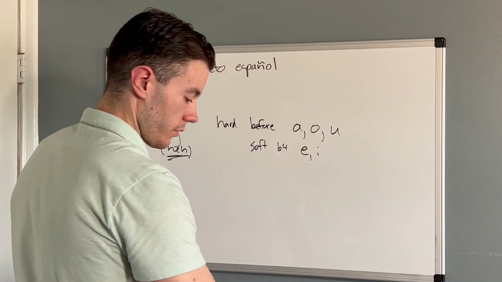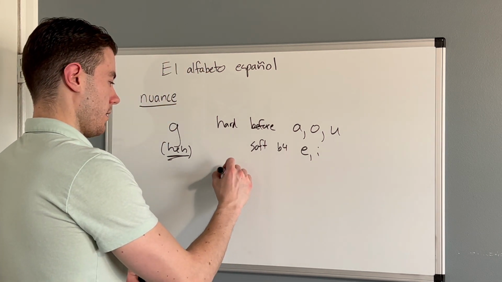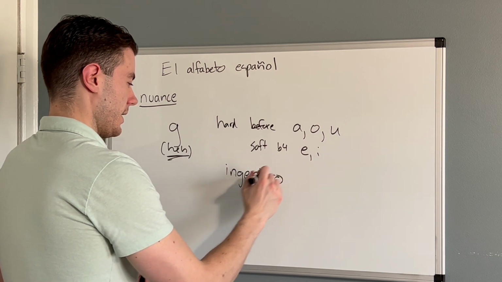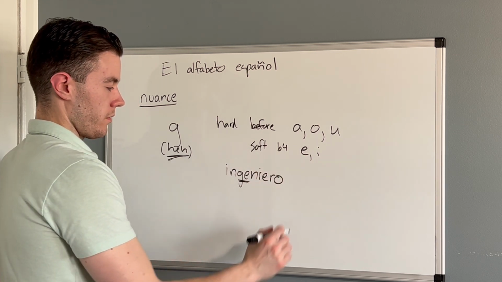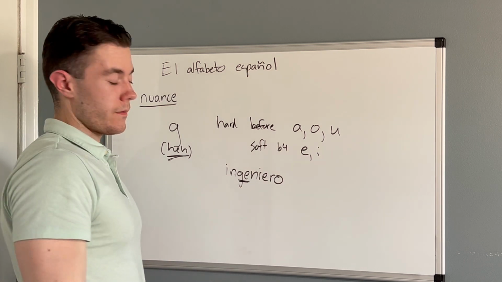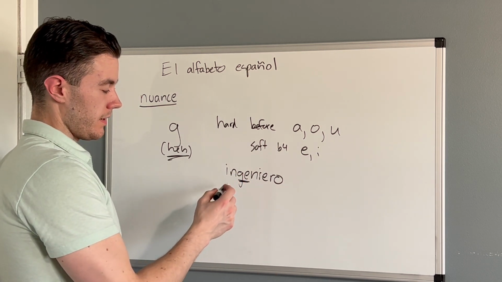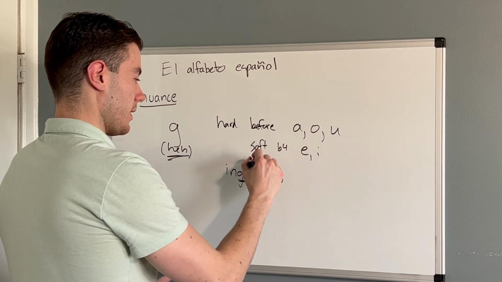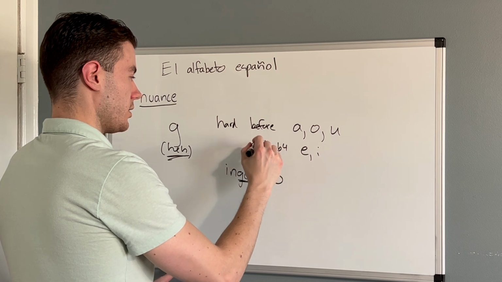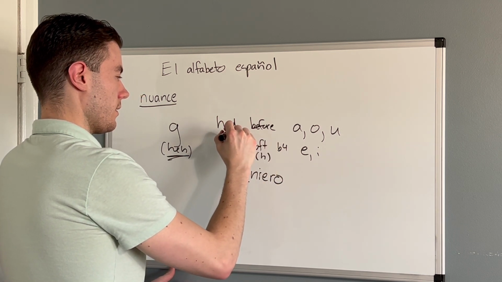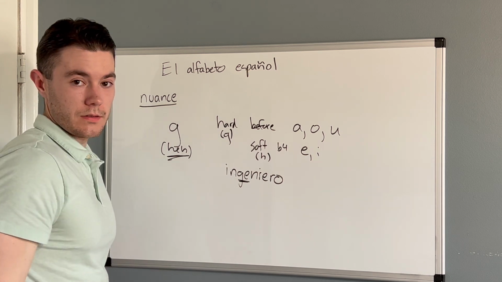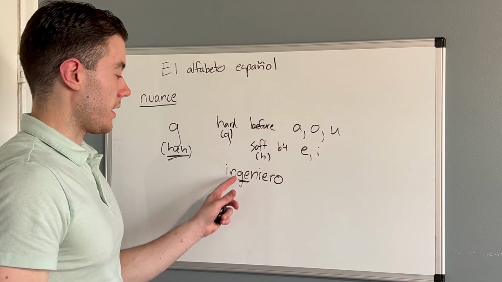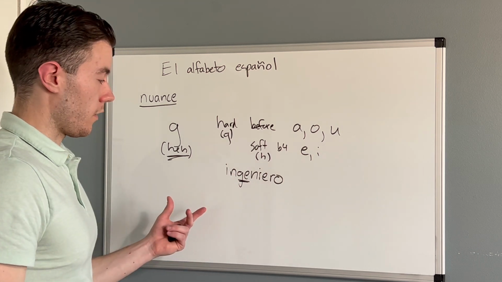A soft one would be something like ingeniero, engineer. It's before E, ingeniero. And when it's soft, it makes an H sound. When it's hard, it makes a G sound. Ingeniero, like an English H would make, but it's a soft H.